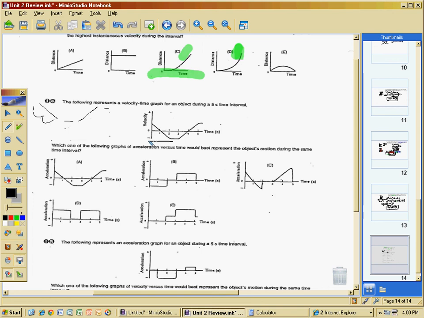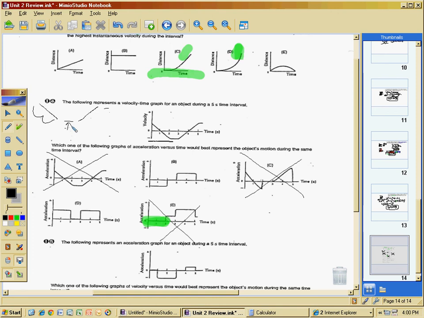Right there, what that should do is eliminate this one, because we never have acceleration graphs that look like that. It should eliminate this one, because we never have acceleration graphs that look like that. And it should eliminate this one. Because what this graph is showing is at the start, its acceleration is 0, when we know it needs to be negative.